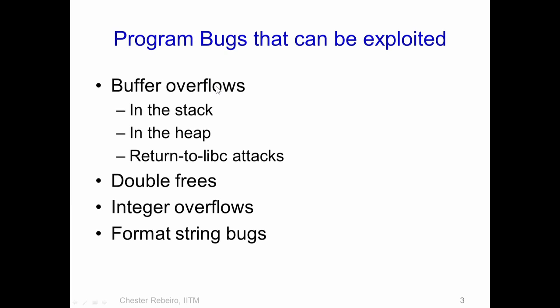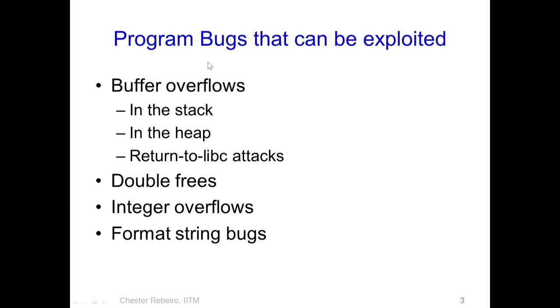There could be buffer overflows in the stack of the program or in the OS, in the heap. There may be something known as Return-to-libc attacks. There are double frees. Essentially, this occurs when a single memory location, which is dynamically allocated through something like a malloc, gets freed more than once. There are integer overflow bugs, and there are format string bugs.